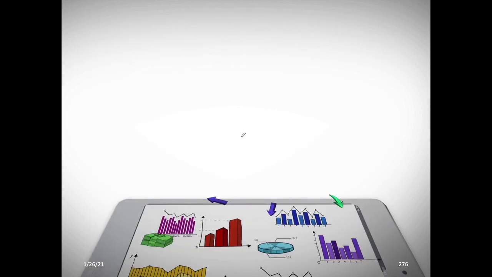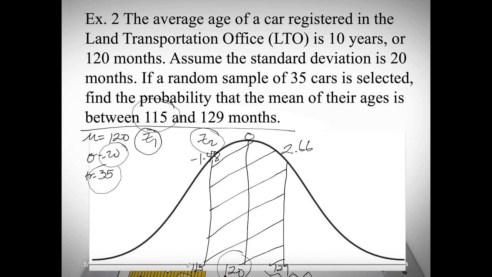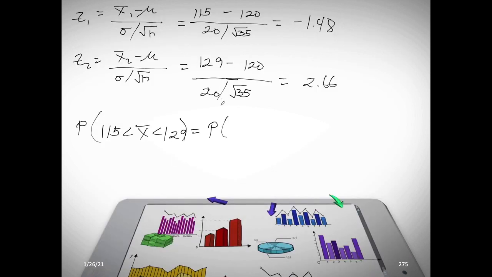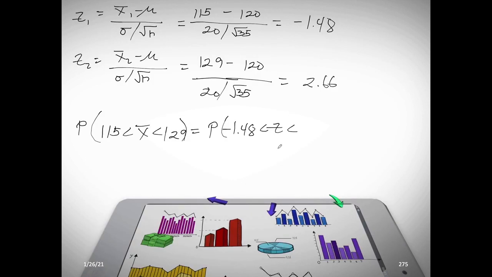So by solution or by equation, mathematical equation, that is probability of 115 less than x bar na lang, then less than 129. So this is equivalent to P of negative 1.48 less than Z less than yung kabila na 2.66.